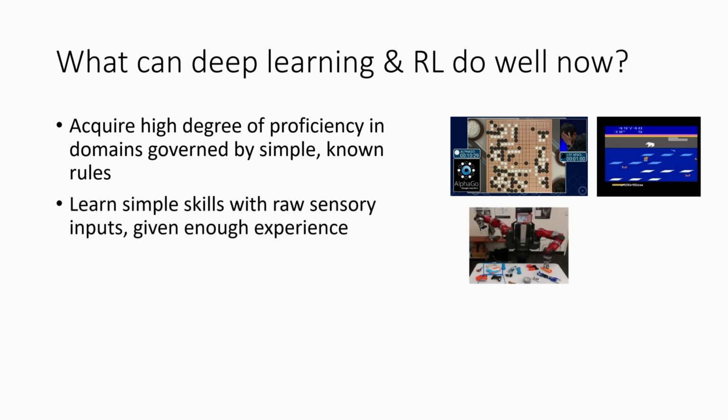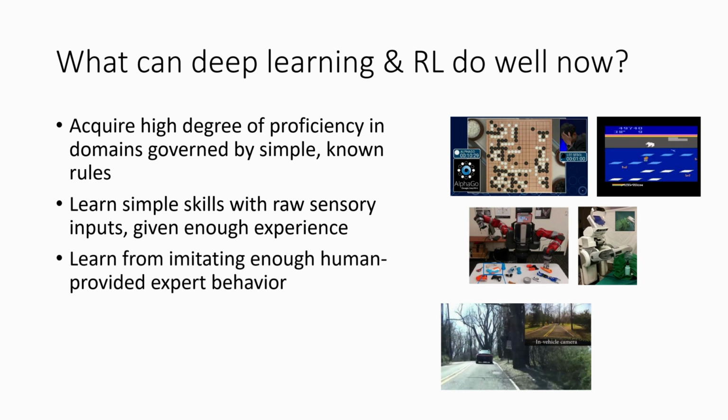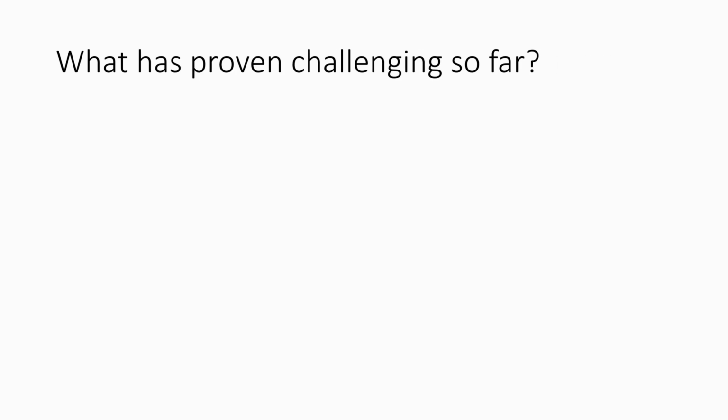RL can learn simple skills with raw sensory inputs given enough experience, for example, robotic grasping skills or some basic robotic manipulation skills. And deep learning models can do a pretty good job of imitating human-provided expert behavior, even in more complex open-world environments, like the driving scene that I showed before.